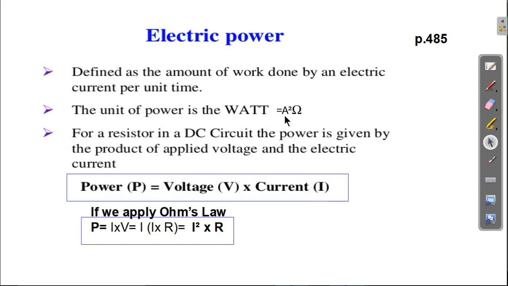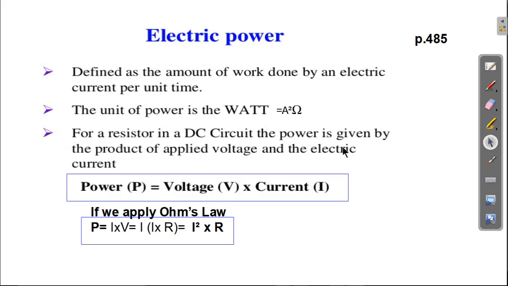Okay? The units for this electrical power are the watts. And a watt is just the amperes squared multiplying the ohms, which is the units that you would get using this equation. Now, for a resistor in direct current circuits, remember that we are drawing direct current circuits, the ones that go from the positive to the negative.